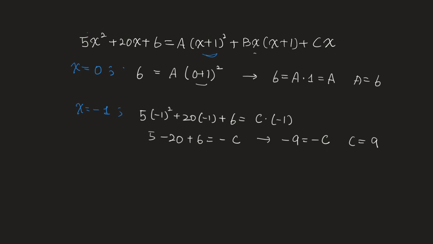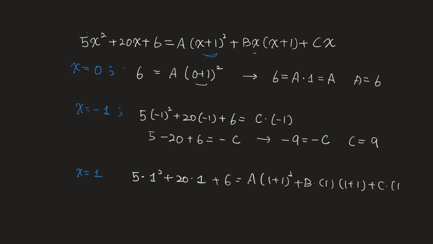So you only have to find the B value. Which number do you plug in now? I'm going to pick x equals 1, because there's nothing that makes any term 0. So I plug in 1: 5 plus 20 plus 6 equals A times (1 + 1) squared plus B times 1 times (1 + 1) plus C times 1.